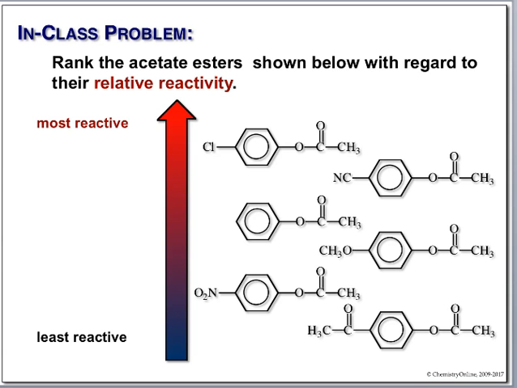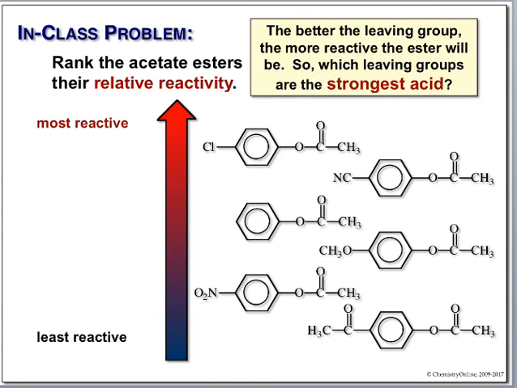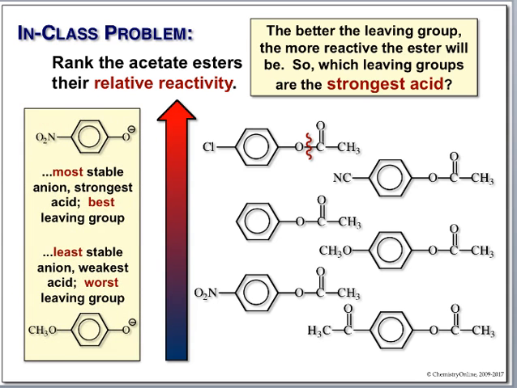The most stable anion is going to be the one where the phenol portion has electron withdrawing groups. And the king of all of that is going to be a nitro group. Yeah. The most stable anion, the strongest acid, the best leaving group.